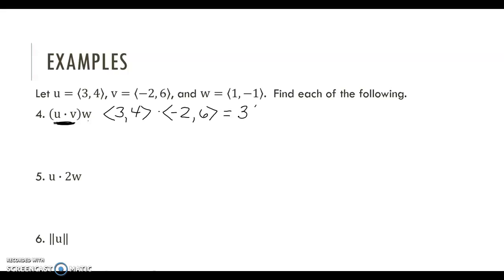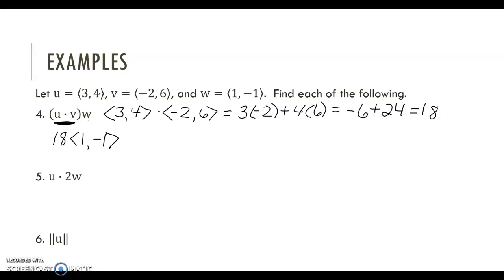So I'm going to get 3 times negative 2 plus 4 times 6, which gives me negative 6 plus 24, which is 18. Now I'm going to take that 18, replacing where the u dot v is, and substitute in vector w.